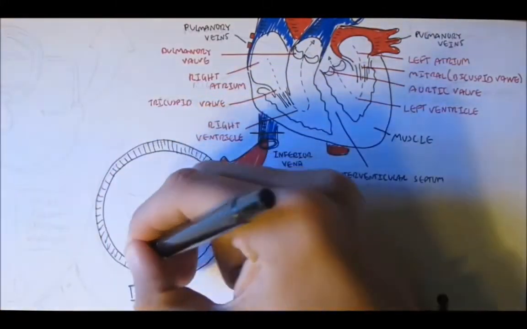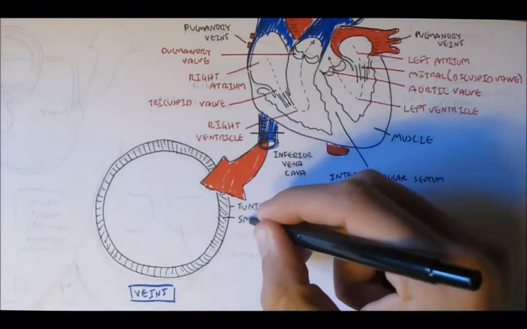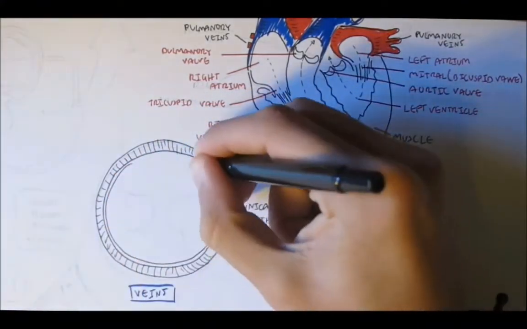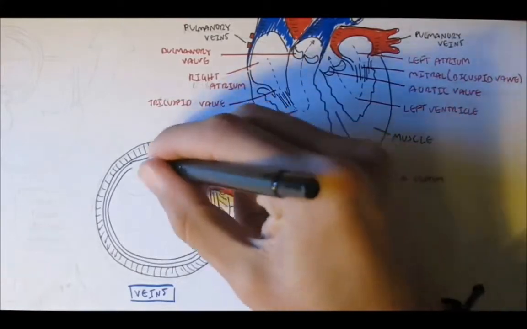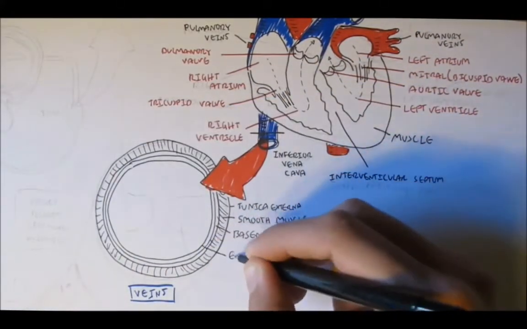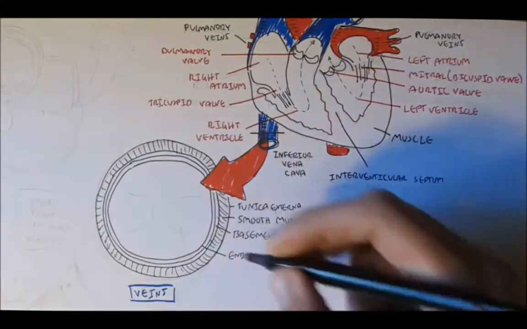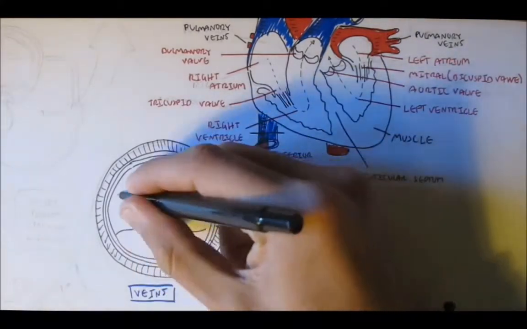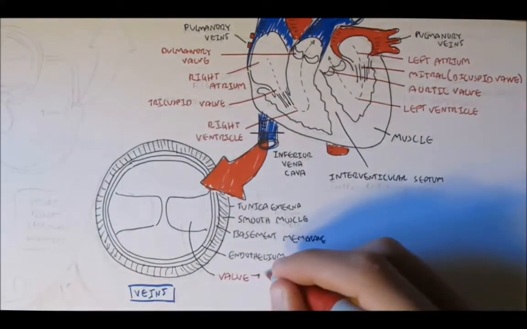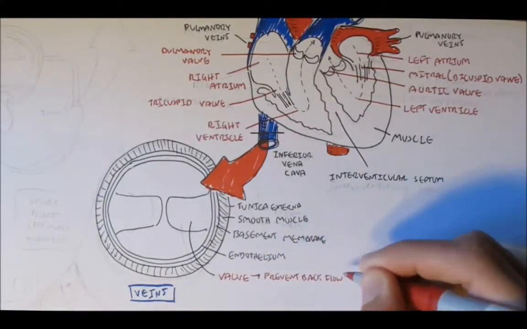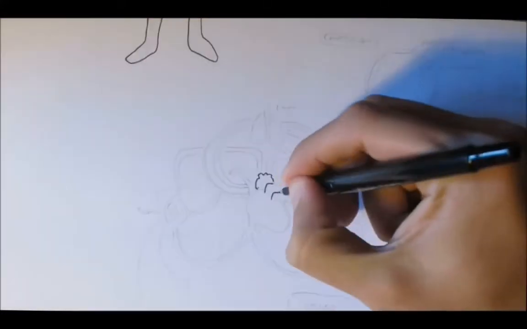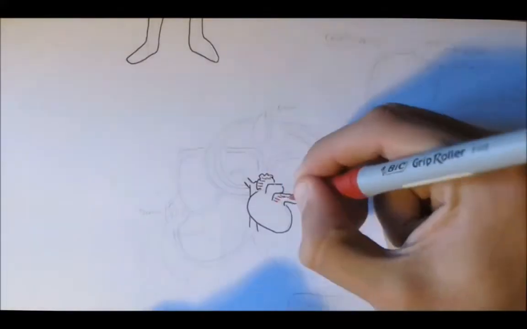The tunica media is composed of just a bit of smooth muscle, and the tunica intima, basement membrane and endothelial cells. But most importantly, the veins also consist of valves to prevent backflow, because when you think about it, when blood is being brought back to the heart, especially from the bottom, don't you want to prevent the blood going backwards, right? So let's go over the overall picture again.